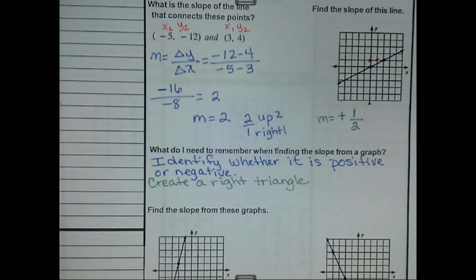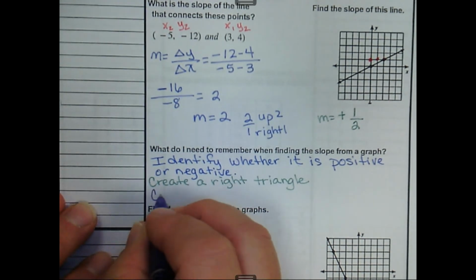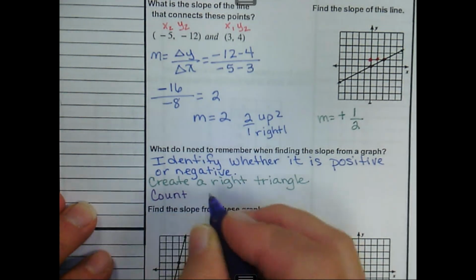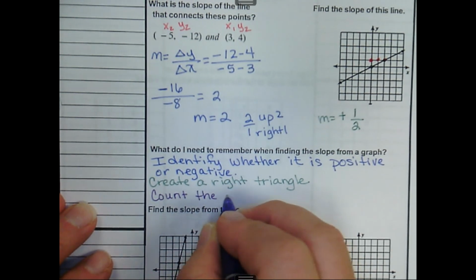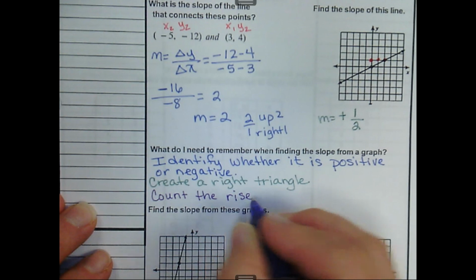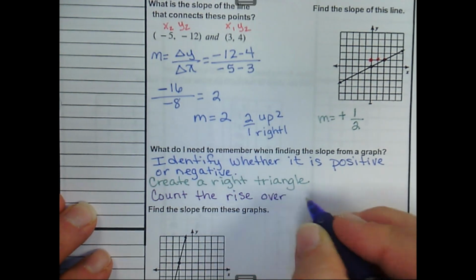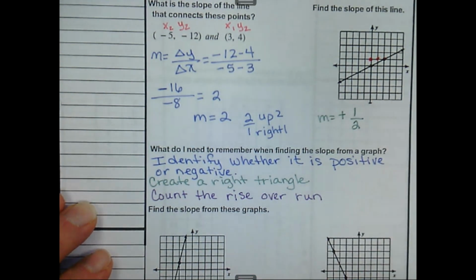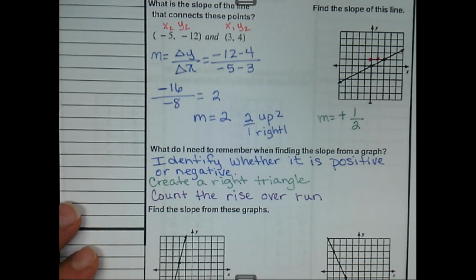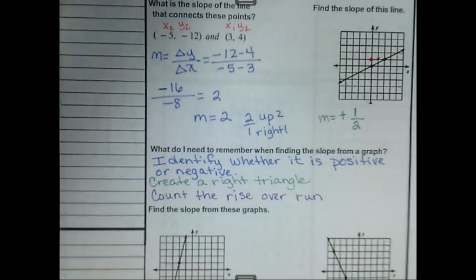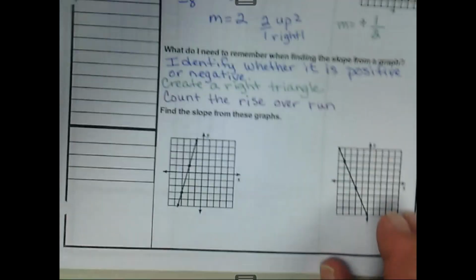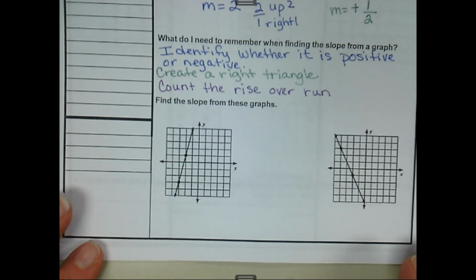Okay, the last thing you do is to count. Count the rise over the run. Okay, so identify whether it's positive or negative. Create a right triangle. Count the rise over the run. Those are your steps. So let's find the slope from these graphs.